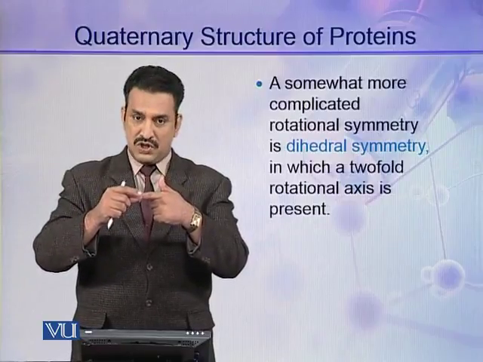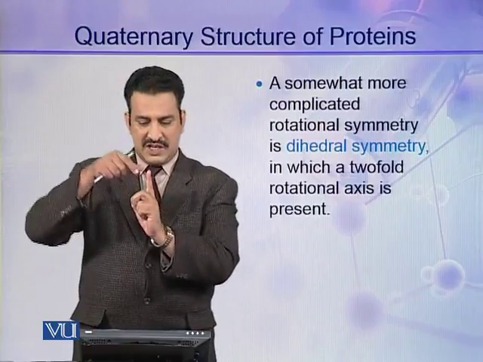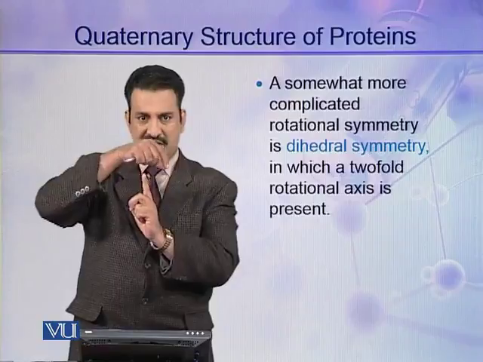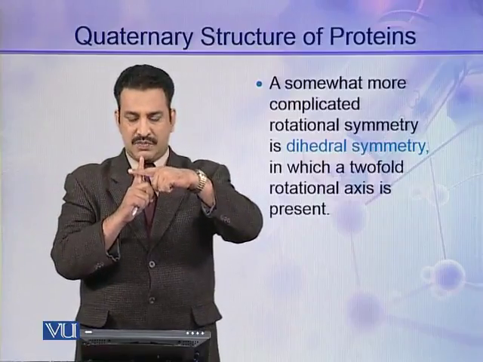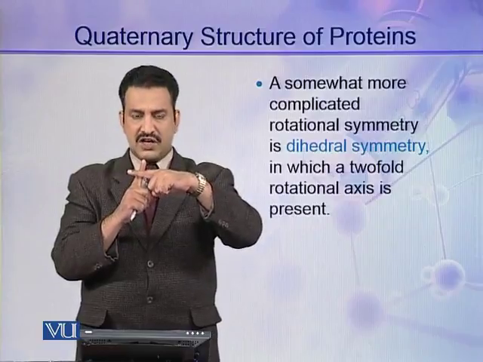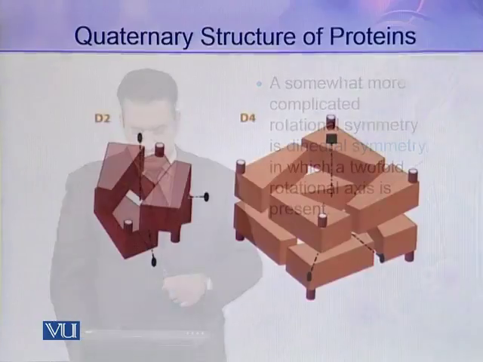And in the same molecule, there may be another rotational axis and molecules are arranged like this. So here 2 rotational axes are present, which are normally at right angles to each other, and such symmetry is called dihedral symmetry.